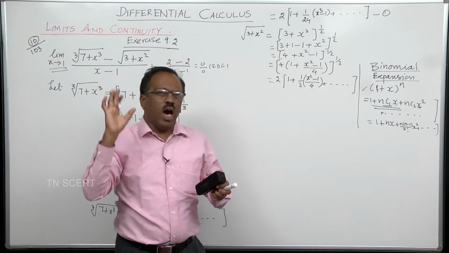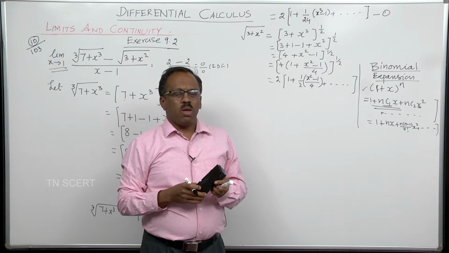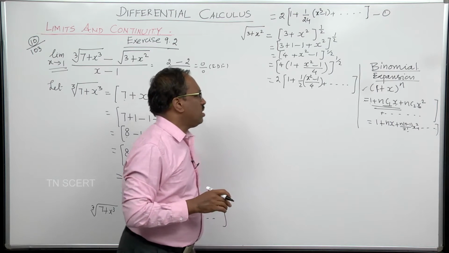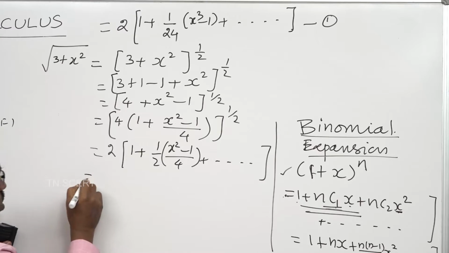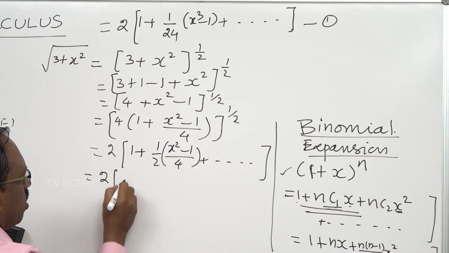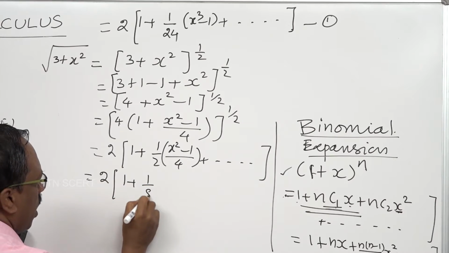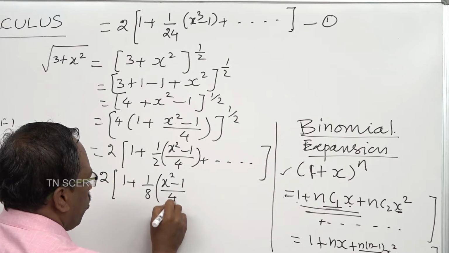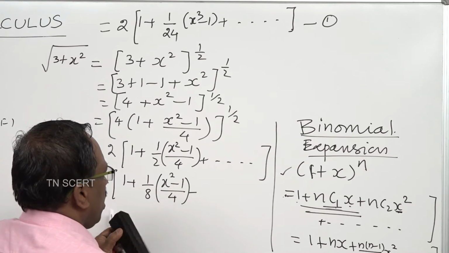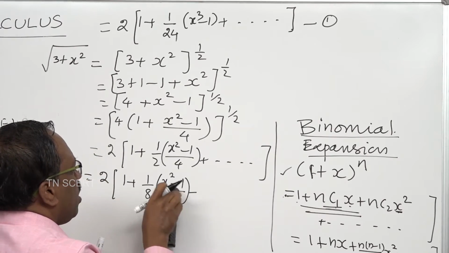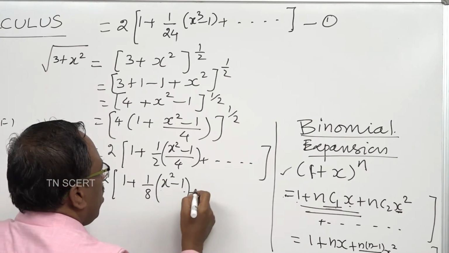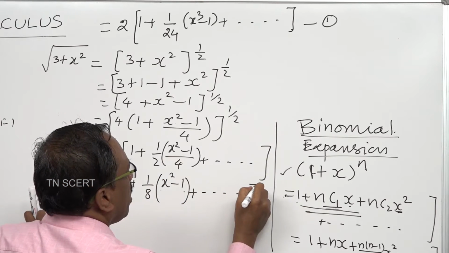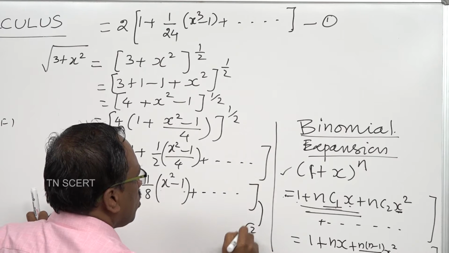I am ignoring the higher powers. So here also I can write 2 bracket 1 plus 1 by 8 bracket x square minus 1, I am sorry, this 4 is already multiplied, it is not required. So dot dot dot like this, this is 2.